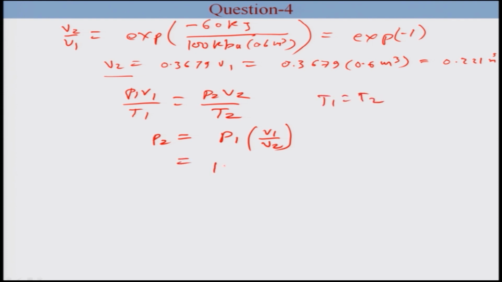So P1 is 100 kilopascal. V1 by V2 is nothing but 1 upon 0.3679. So this gives final pressure equal to 272 kilopascal.